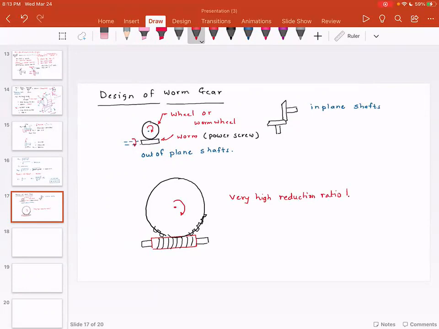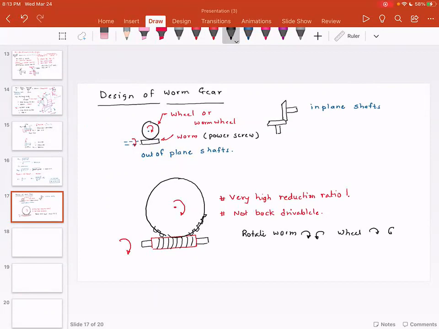And worm wheels are not back drivable. What it means is you can rotate the worm and the wheel will rotate. Here's the thing: you can rotate the worm either in clockwise or counterclockwise direction, and the wheel would rotate in clockwise or counterclockwise direction.